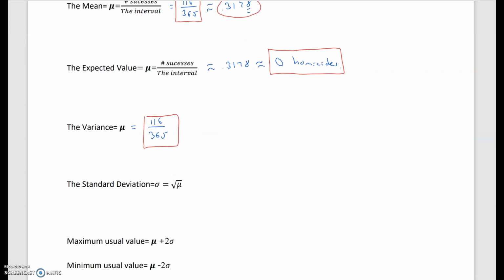And then for the standard deviation, this is going to be the square root of 116 divided by 365, which is approximately 0.5637, rounding to 4 decimal places.